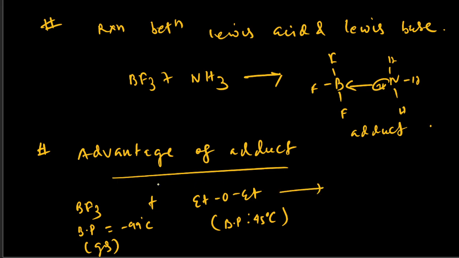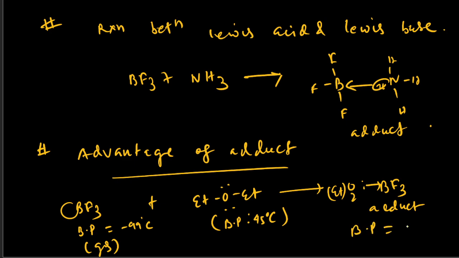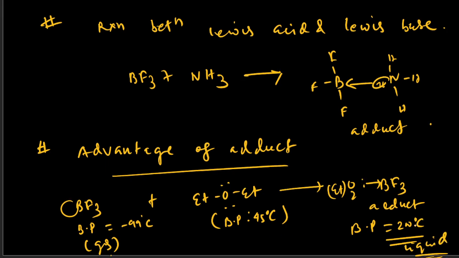When they form an adduct through this lone pair and this vacant orbital, its boiling point comes to around 200 degrees centigrade, so it is in liquid form. So a gaseous form changes into liquid form.